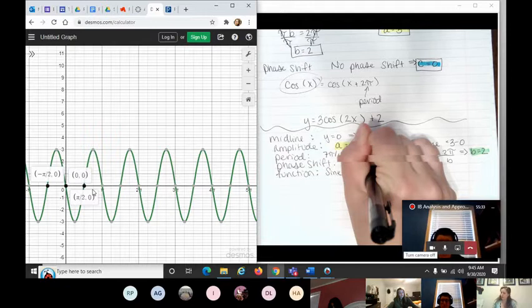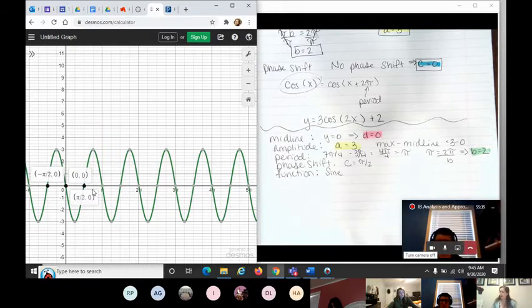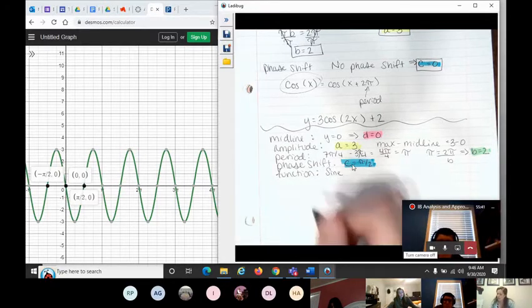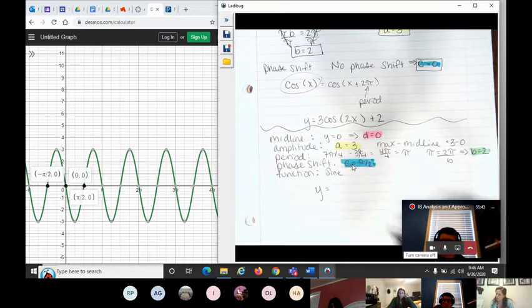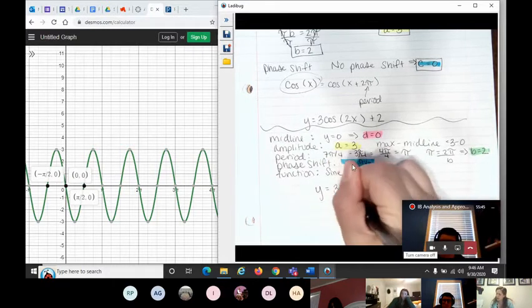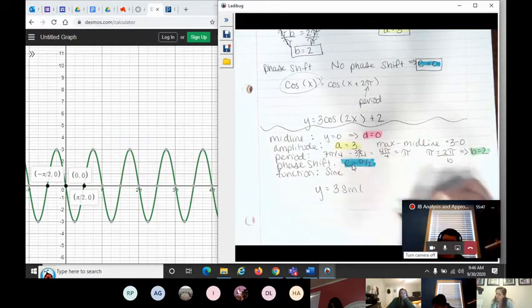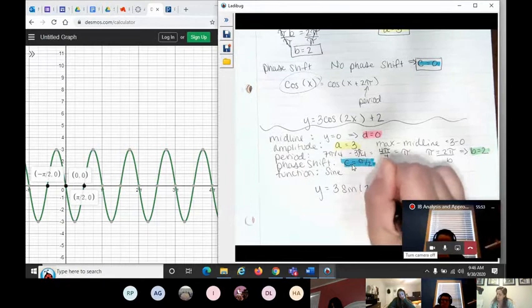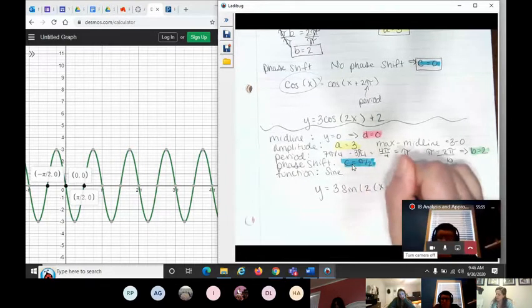Okay. And now when we put this all together, we'll get y equals 3 times the sine of 2 times x minus pi over 2.